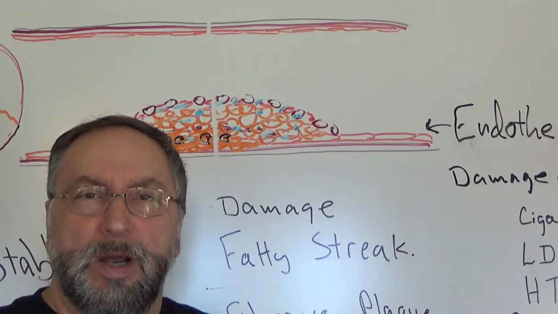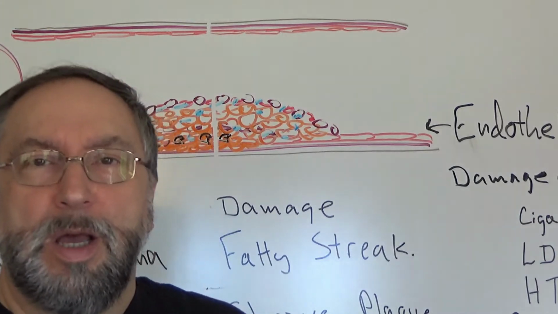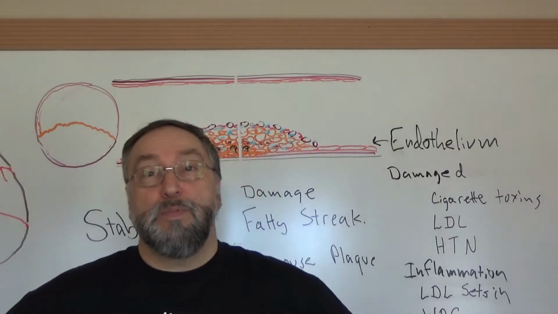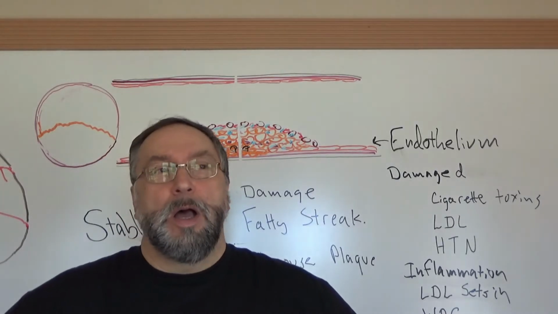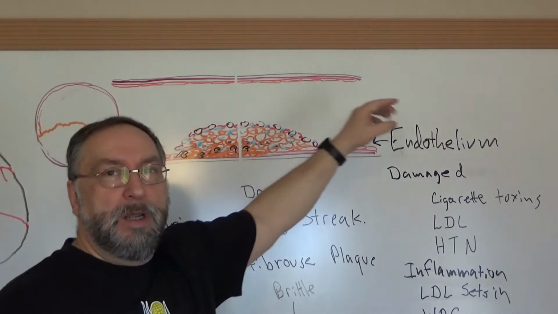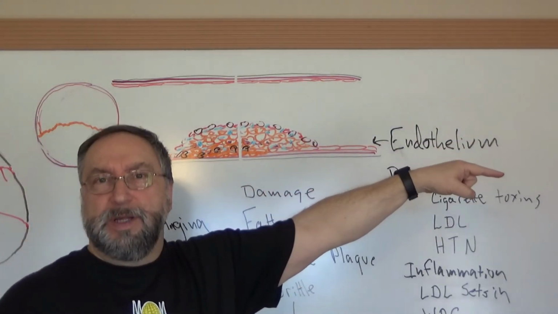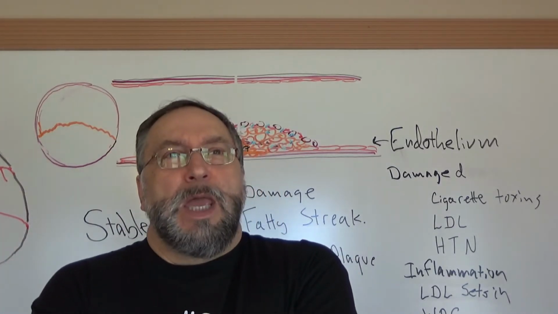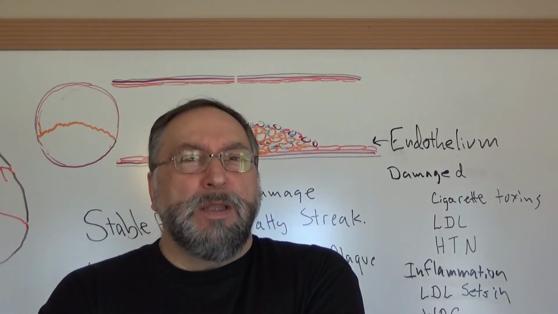Well, this is when a person has stable angina. Right, so at this point they've got stable angina. What that is: you've got the narrowed lumen, compromised blood distal to the spot with the plaque in it, and at rest you're okay.